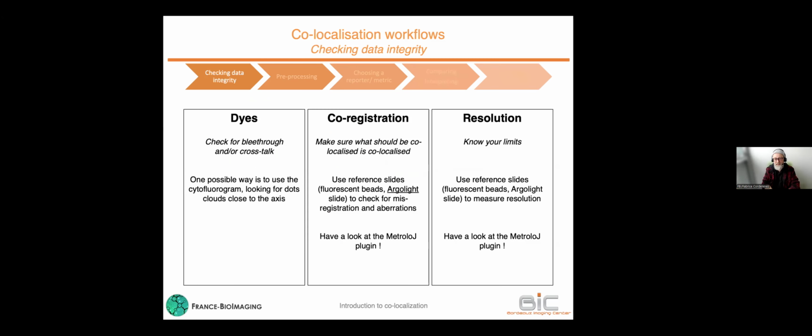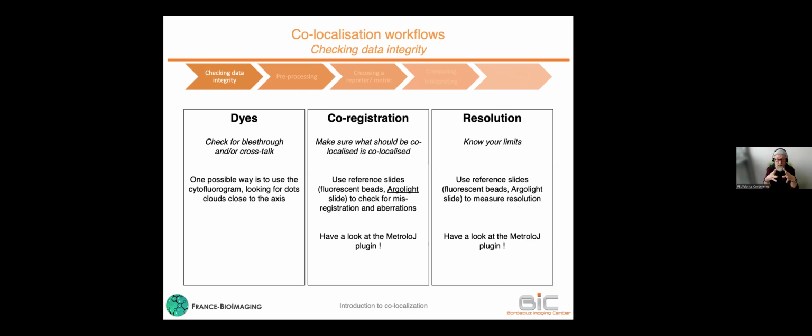Let's quickly have a look at checking data integrity. So this is where I summarized everything on the slide and not going much into details because according to what Sylvie said, you have had or will have some lectures about that. Of course, you must make sure that what you're detecting is actually a pure signal, that you're detecting in the red channel only the red signal, in the green channel only the green signal.